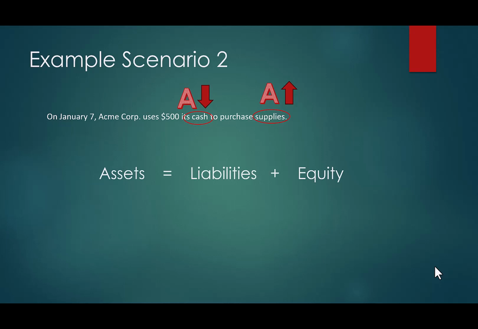We're only going to stay on the asset side of the accounting equation because our liabilities and our equity weren't impacted. Since we acquired $500 of new supplies, our assets went up $500, but at the same time, we used our money to purchase those supplies, so our cash went down $500. What's important, though, is that the accounting equation still balances here.